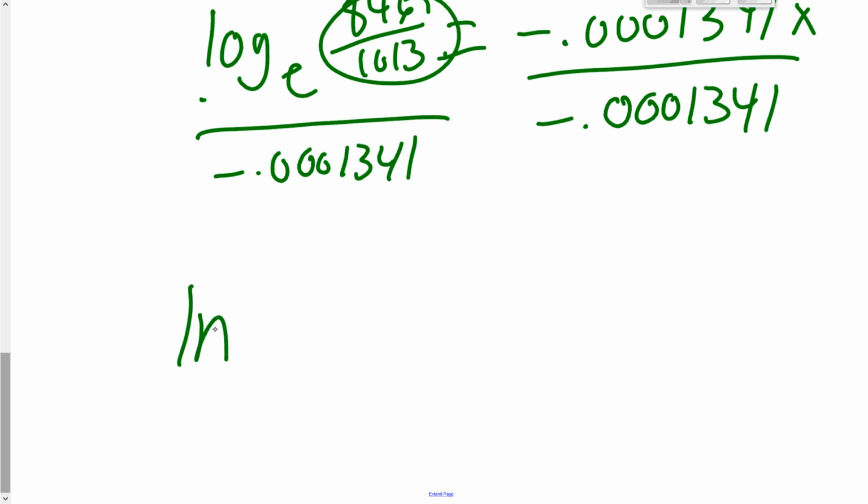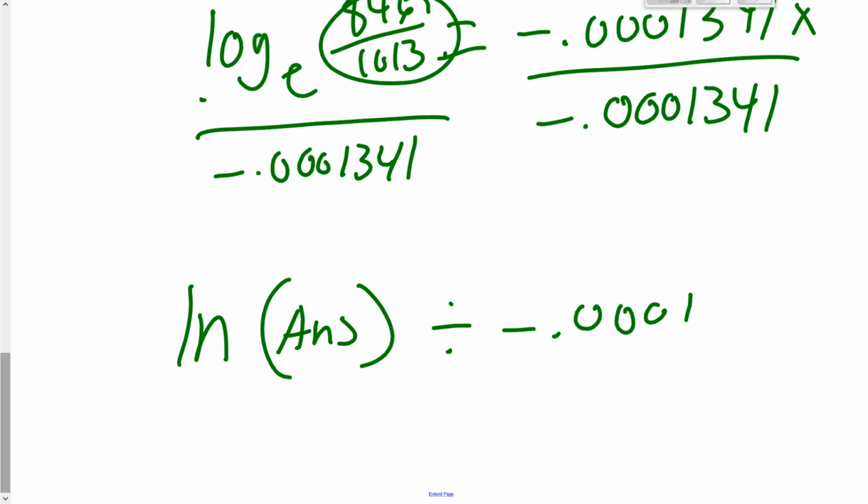I'm going to type ln, and then hit the answer button. When I hit ln, it automatically put a parenthesis, so now I need to close this parenthesis. Then I want to hit divided by, and then the negative 0.0001341, and hit equals, and I get 1343 point whatever. That's how many meters it should be when we actually put in that 846.